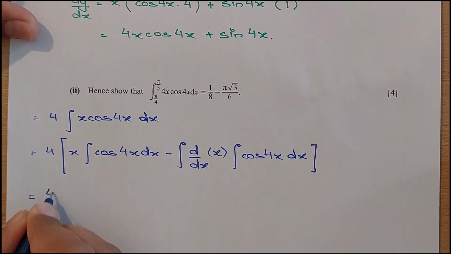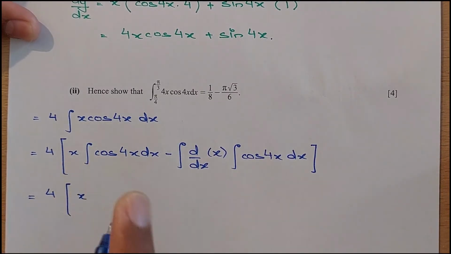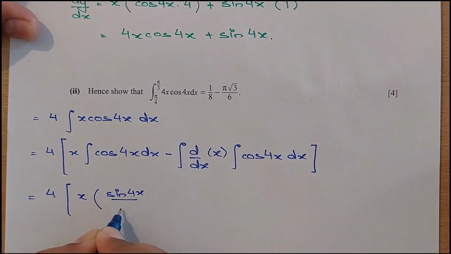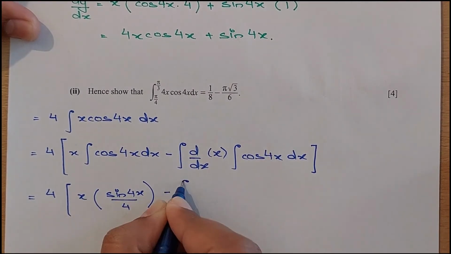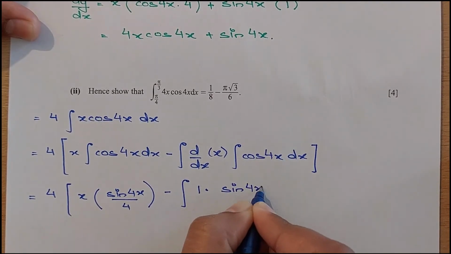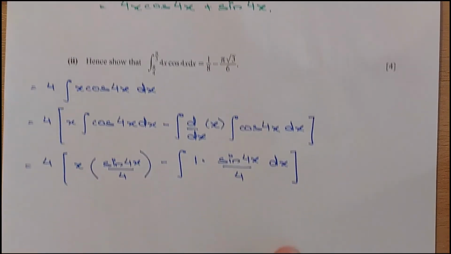So now we have 4, and here we have x, and the integration of cos is positive. So we have sine 4x divided by 4 minus the integral, this is 1, and again sine 4x divided by 4 dx, right?